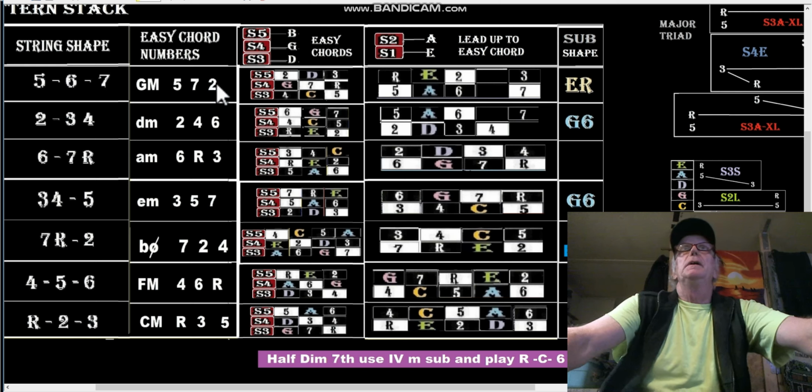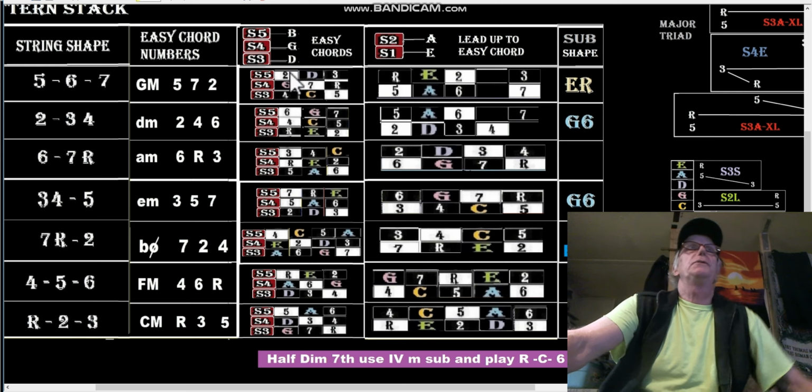So this would be where you start that 5, 7, 2. That's string 1, E string, string 2, A string. Then D string, you'd go 5, 7, 2. So it's easy.